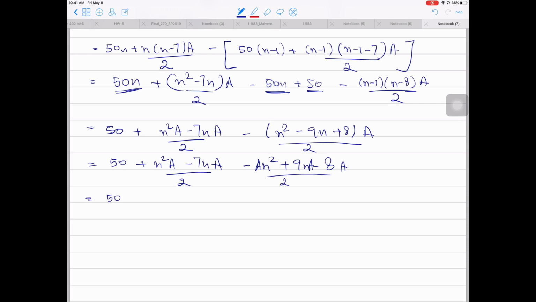So we are left with 2na minus 8a over 2, and this thing would give us 50 plus na minus 4a. So we know that the nth term of this sequence should be 50 plus na minus 4a.